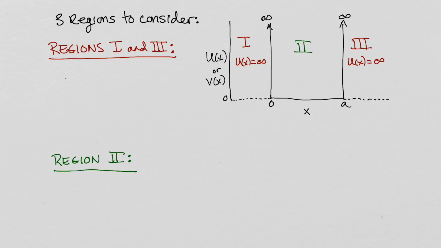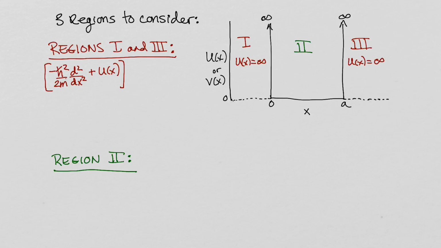Remember, we want our H psi equals E psi here, where we're going to plug in for our Hamiltonian. So we want our kinetic energy operator, minus h bar squared over 2m d squared dx squared, and then our potential energy operator, which we'll just call u of x for now.